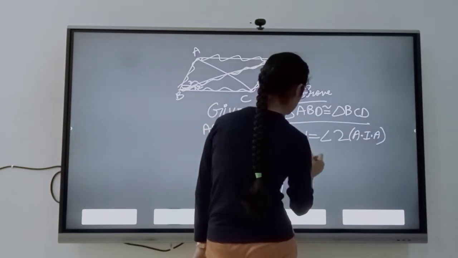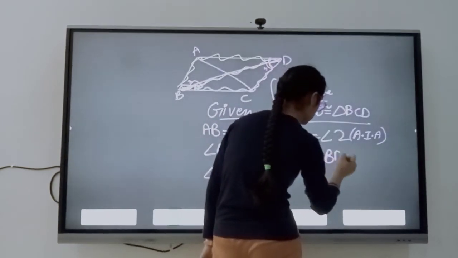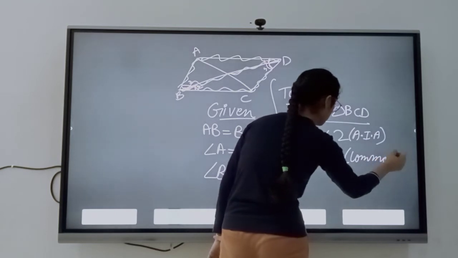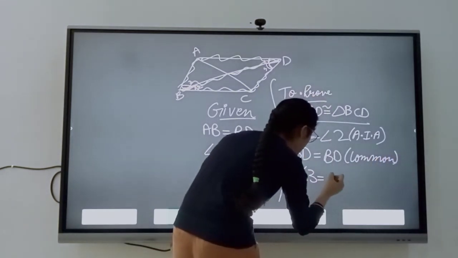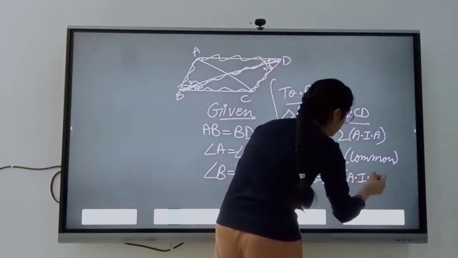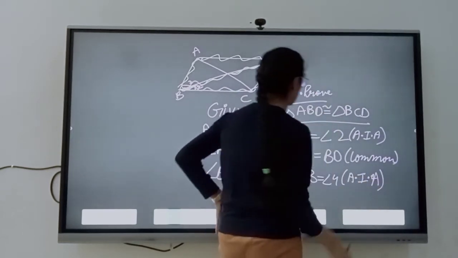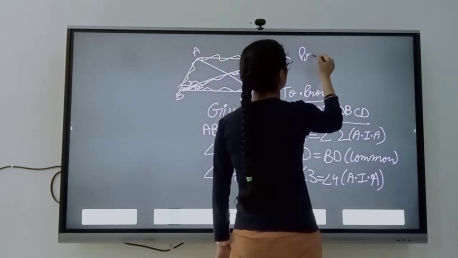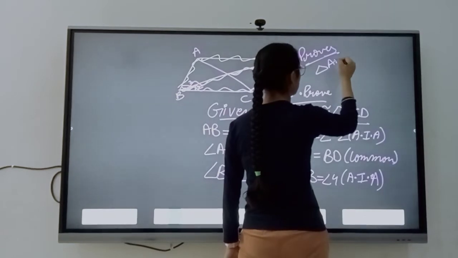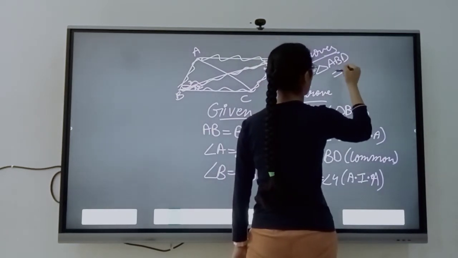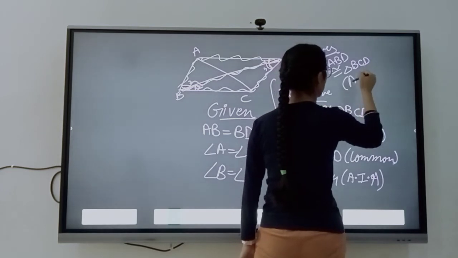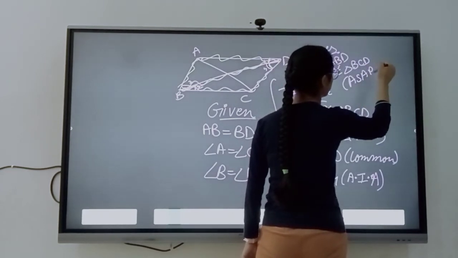BD is equal to BD as it's common, and again angle 3 is equal to angle 4 using the alternate interior angles property. This proves that triangle ABD is congruent to triangle BCD using the angle side angle rule.